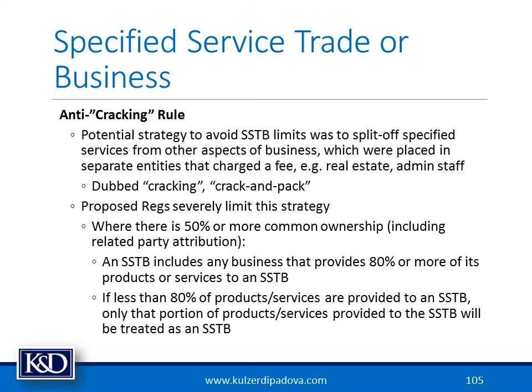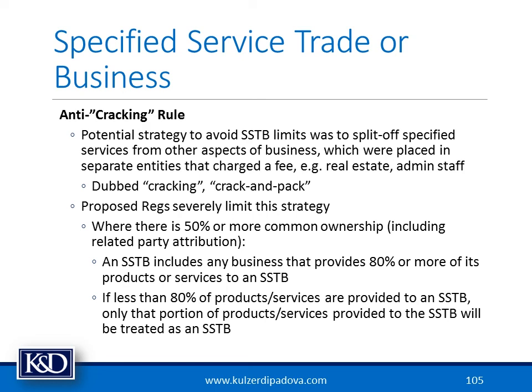So if you have a commonly owned set of businesses, so that means 50% or more for purposes of this rule, and 80% of the products or services of one business are provided to a specified service trader business, that business, the non-specified one, will be treated as a specified service trader business.